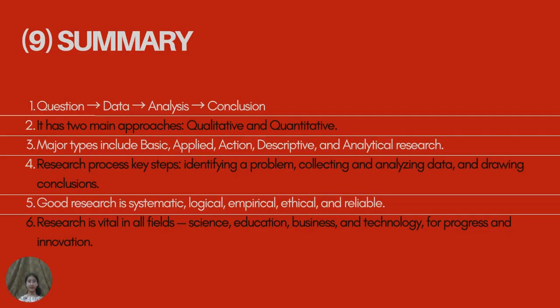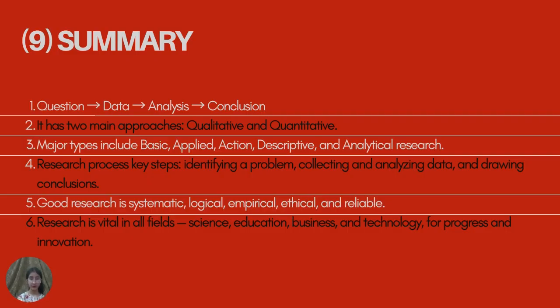Now coming to the summary. What is research? Research is basically you identify a question that leads to data, you analyze it, and you draw a conclusion. It has two methods: qualitative and quantitative, and mixed. There are major types of research, which include basic, applied, action, descriptive, and analytic research.